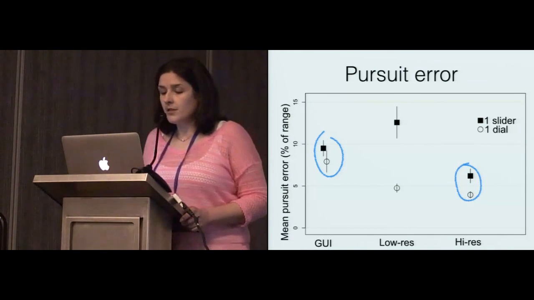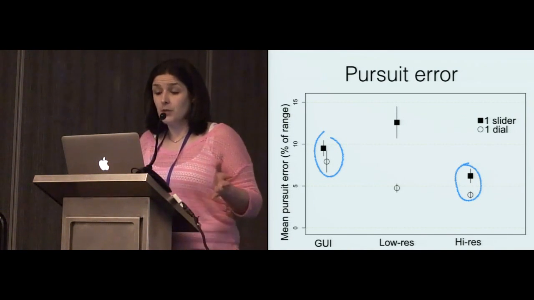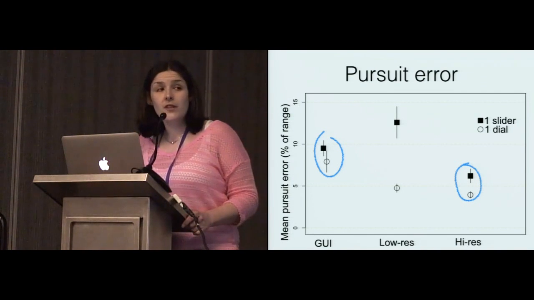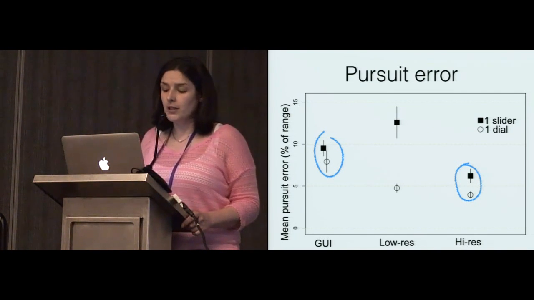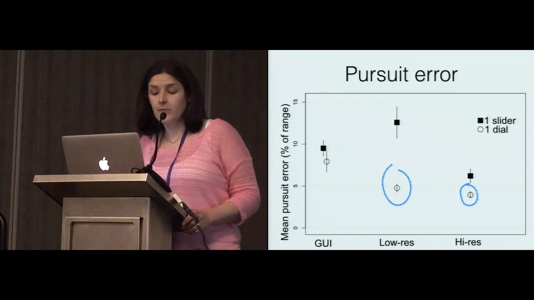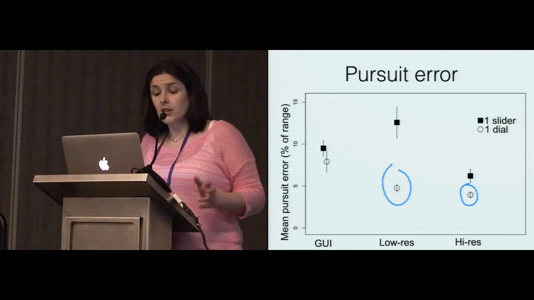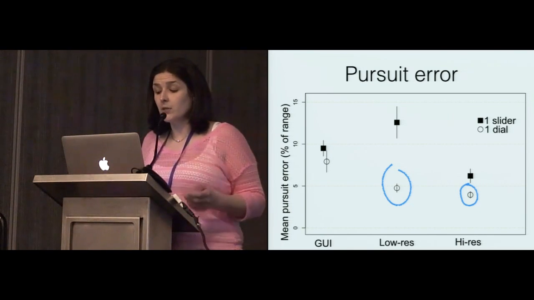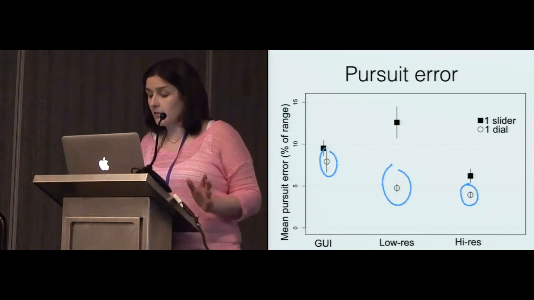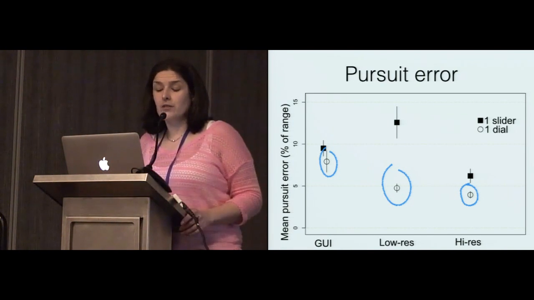So now for the results. When we compared performance, that's the pursuit error, we found that overall the high-res prototype performed better than the GUI, but results for the low-res versions were split between widget types. When we look at the effects of the type of widget on performance, the low-res prototype error rate for dials was very close to that of the high-res, which is useful, and both caused fewer errors than the GUI approach.